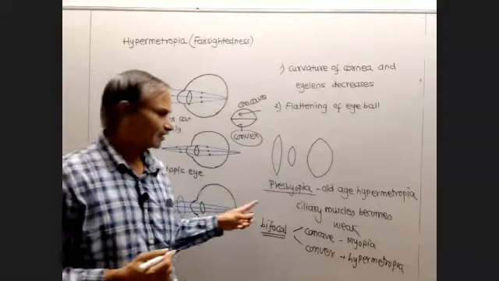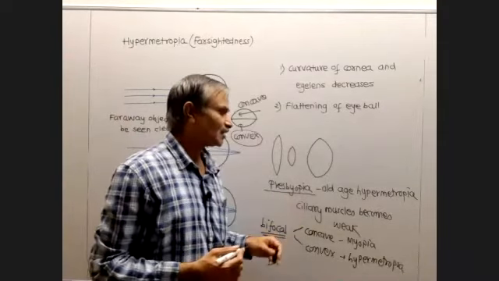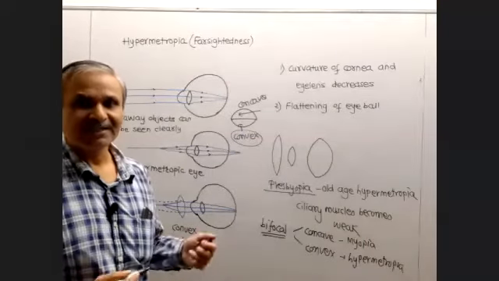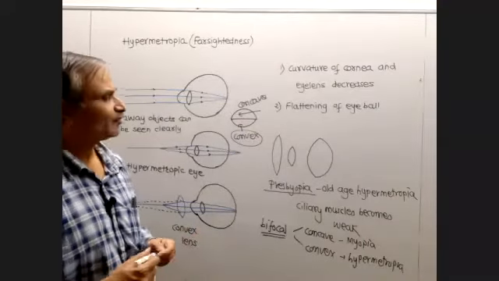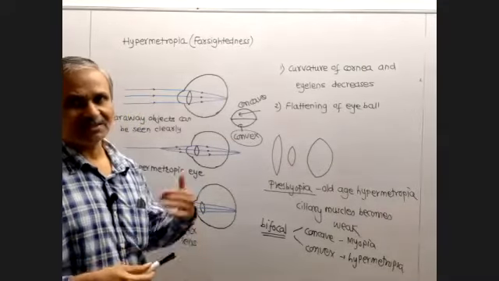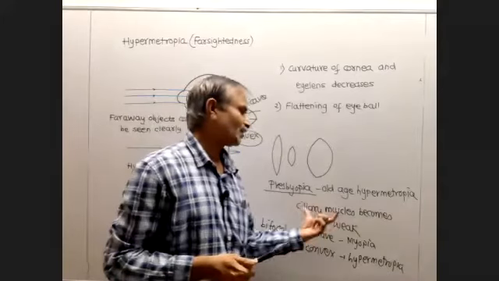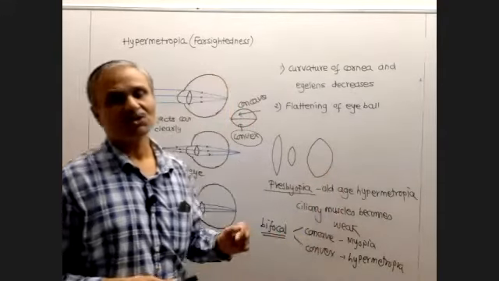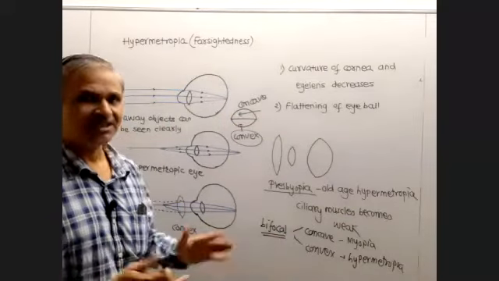What I told you regarding presbyopia: first of all, it is also called old age hypermetropia. Initially nearby objects cannot be seen clearly, because as the age increases, ciliary muscles become weak, so they will not adjust the focal length of the convex lens, especially they will not decrease the focal length.